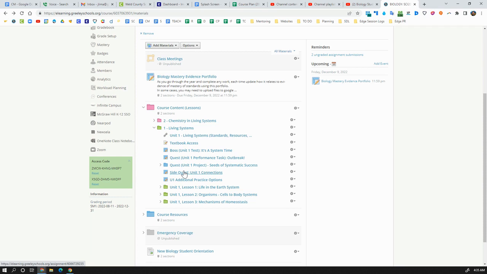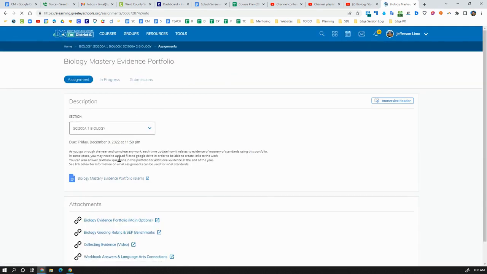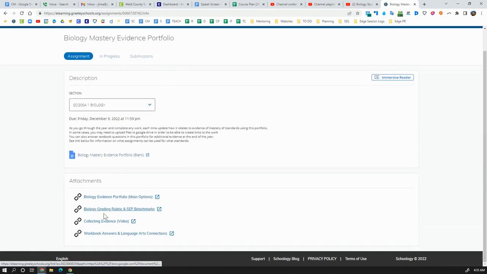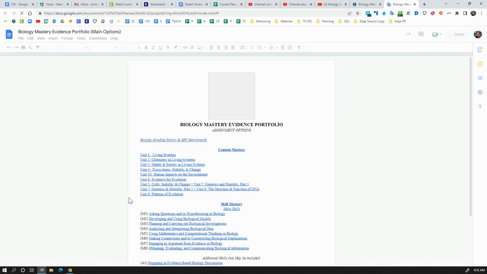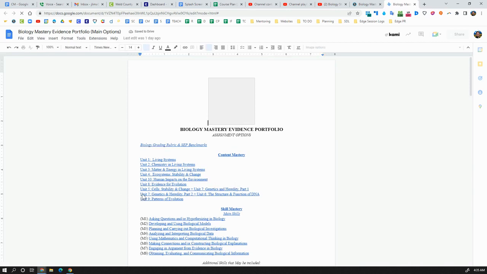This is why, if you go into the biology mastery evidence portfolio, there's going to be a link to something called the biology evidence portfolio main options document. This is also linked in all the assignments within Schoology that get graded and count for your grade.